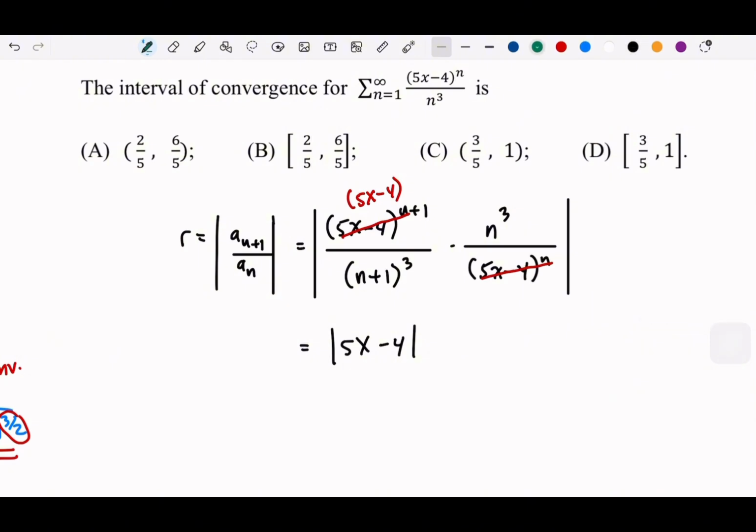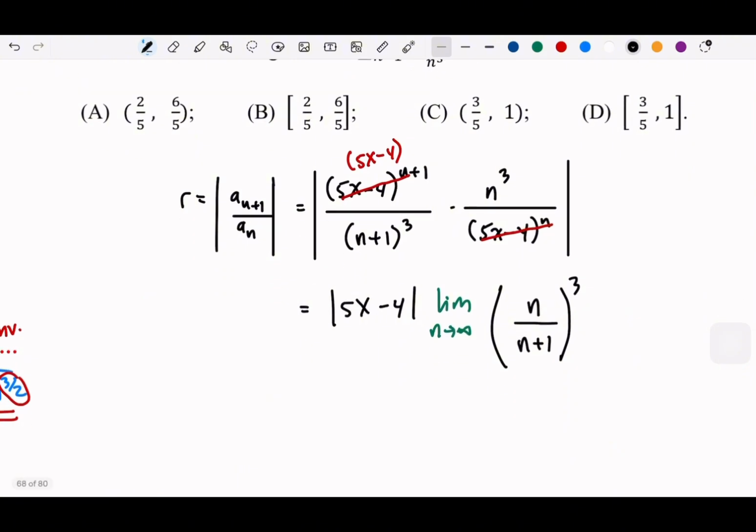I will write the limit here just to give you the sense that we need to evaluate in limit form, as n approaches infinity of, let me change the color again, n over n+1 cubed, which gives you the limit.